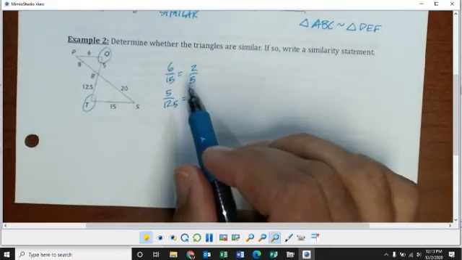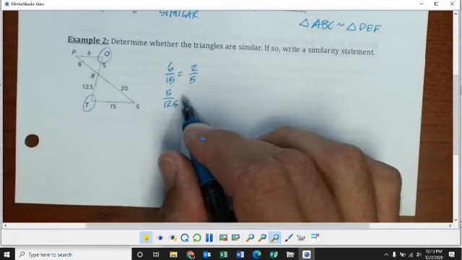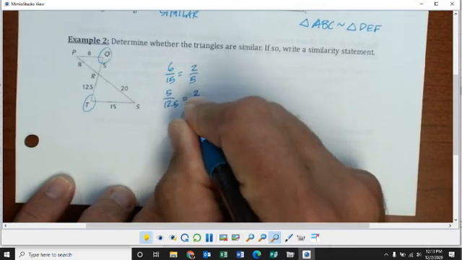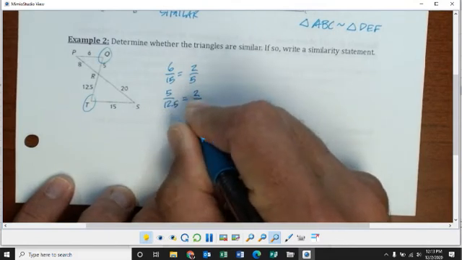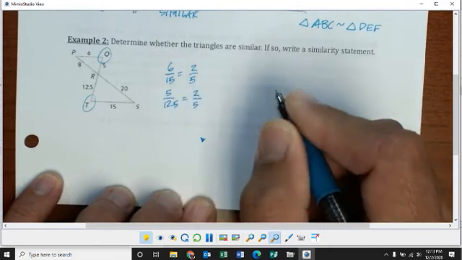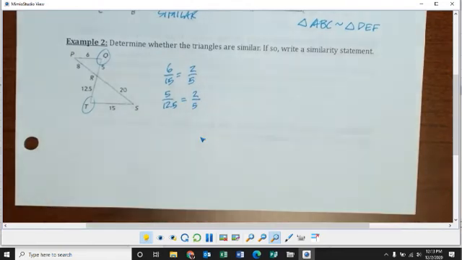Let's see. 2 times 3 is 6. 5 times 3 is 15. So let's see. 2 times 2.5 is 5. And 5 times 2.5 is also 12.5. And you can do this on your handy dandy calculator. Let's see if I can find my calculator app.